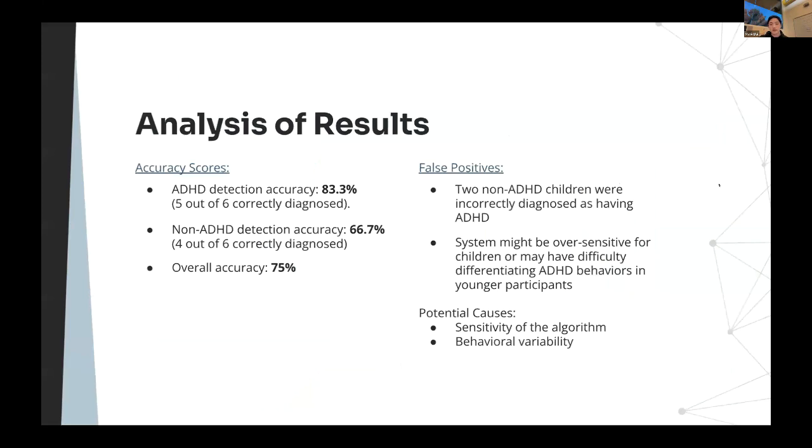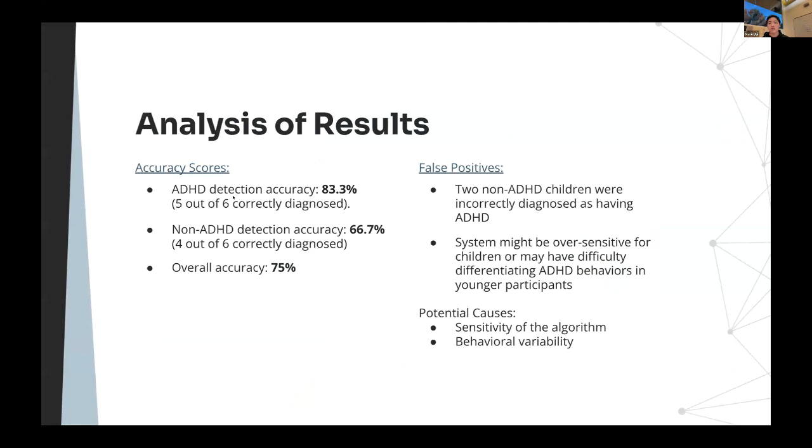Again, stating analysis of our results, 5 out of 6 were correctly diagnosed for ADHD, 4 out of 6 were correctly diagnosed with non-ADHD, and doing the average, the overall is 75% accuracy. False positives were another problem. 2 non-ADHD children were incorrectly diagnosed as having ADHD, and this is one problem that we would want to work on.